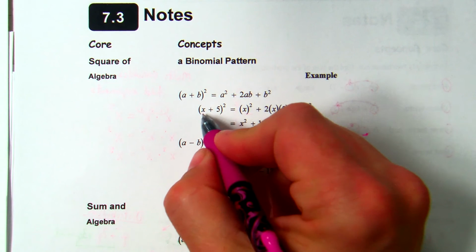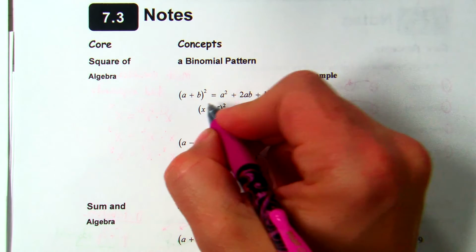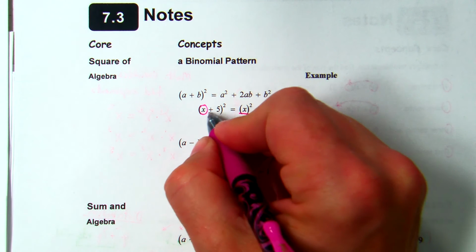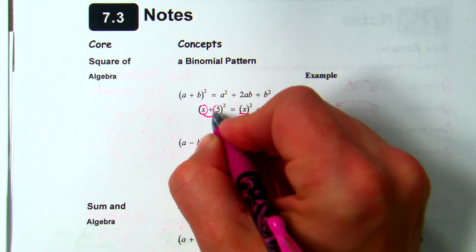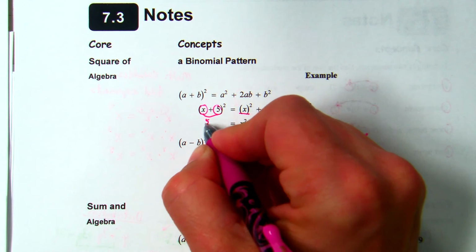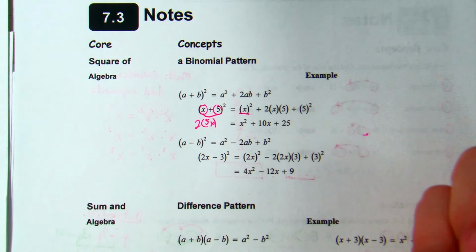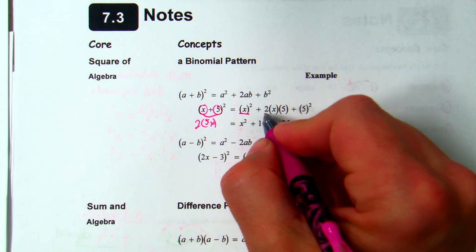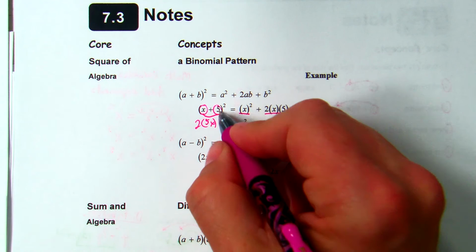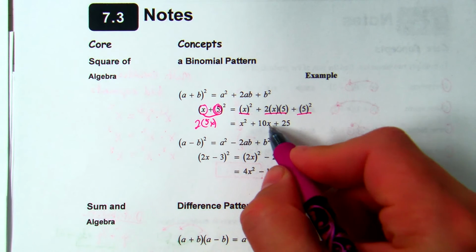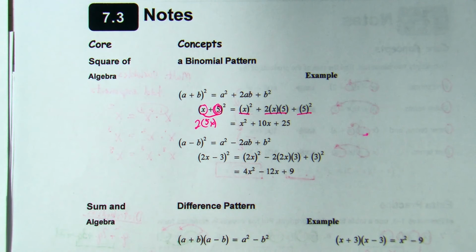In this example of x plus 5, they squared the first term, which gives us x squared. They took x times 5, and they got 5x, and they doubled that, because you're going to end up with two of those anyway. They doubled that to get the middle term. And then they take the last term, they square it, and that gives you your last term. So x squared plus 10x plus 25 is the answer for that one.